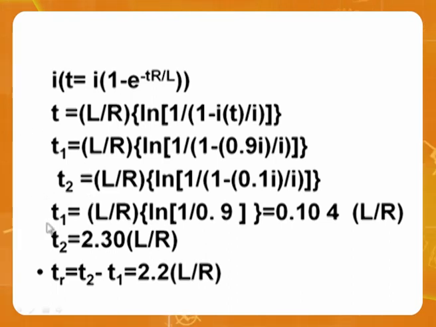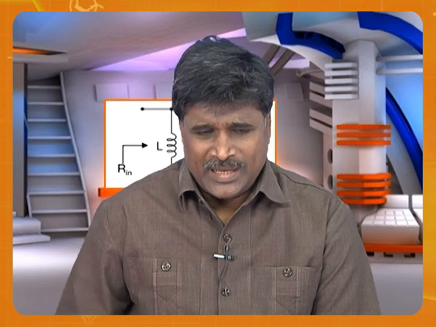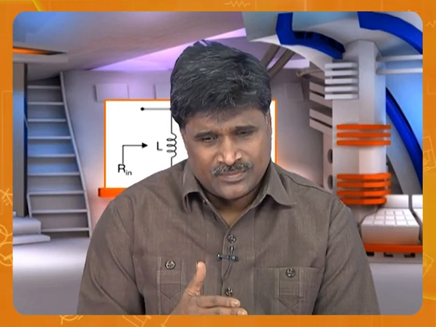If you subtract from here, you will get 2.2 L by R. So rise time in general is 2.2 tau, because L by R is tau here. Then applications. What is the main application of this? As tau decreases, the rise time decreases.